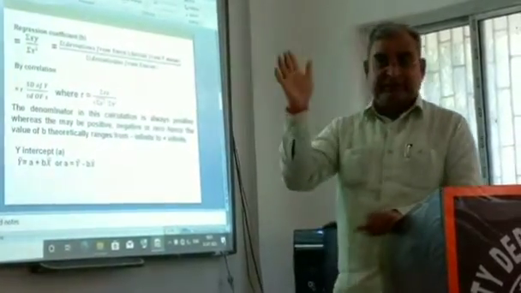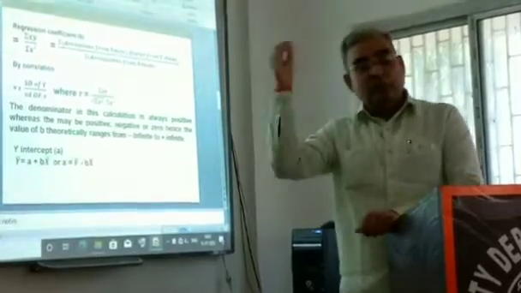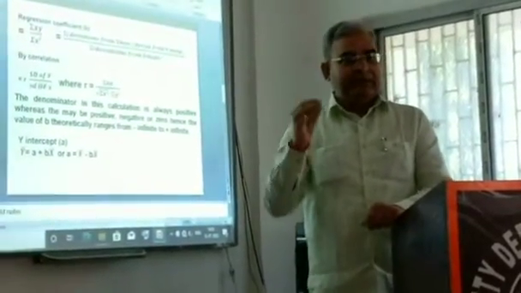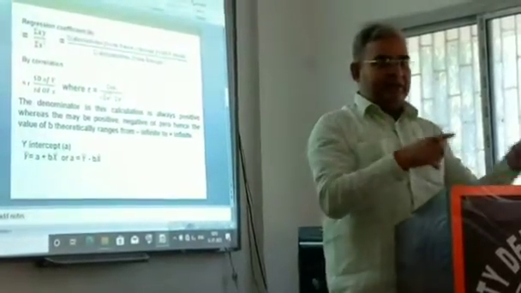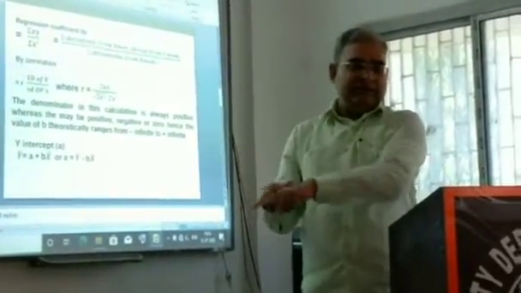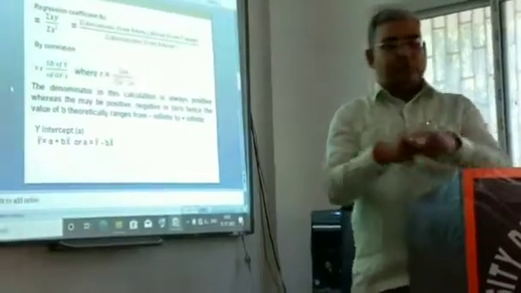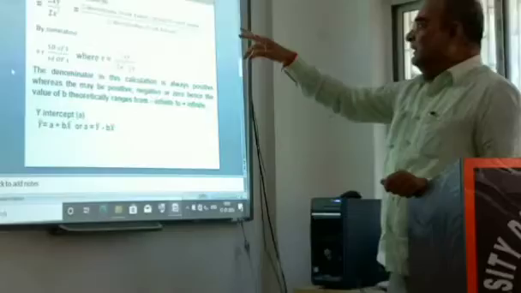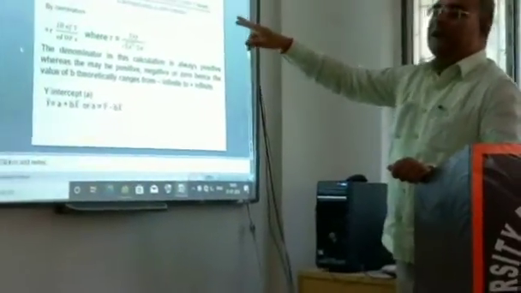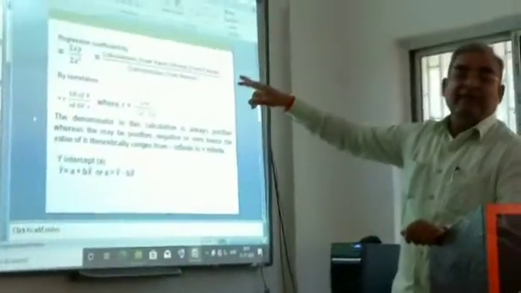That is the basic difference. If you confuse this, everything will go wrong immediately. A small x is different and capital X is different; a small y is different and capital Y is different. Both are different.